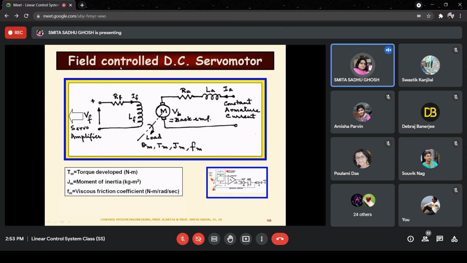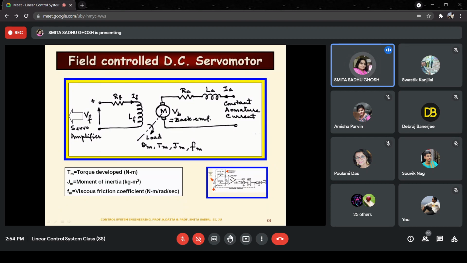I'll state that again in other words, meaning that we are applying the supply across the field terminals. So supply means the control signal. If you have a look at this small diagram on the bottom right, this is the same schematic diagram of a position control system that we had seen earlier, where we had looked at the error detector and its application.